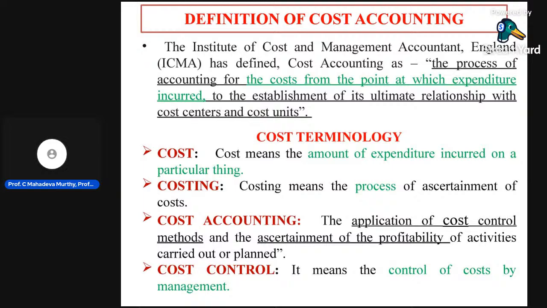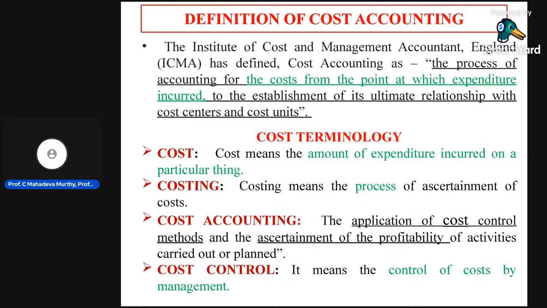In manufacturing and other industries, cost sheets are most important. Cost control means control of cost by management. These are all important terms. Management has to know how to control the cost.